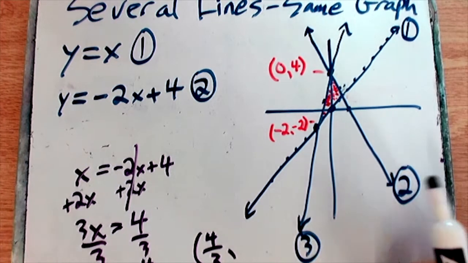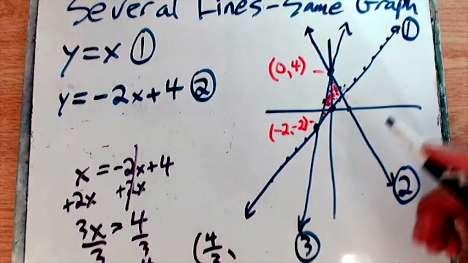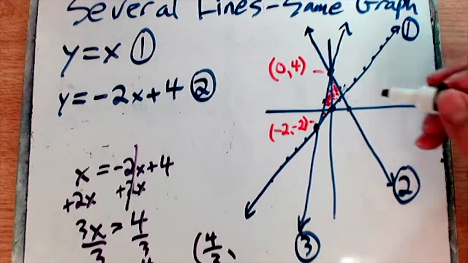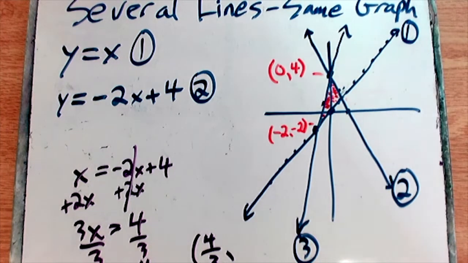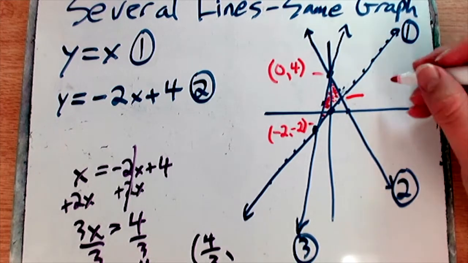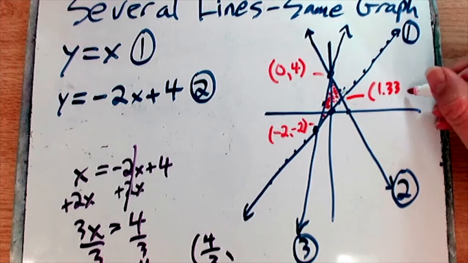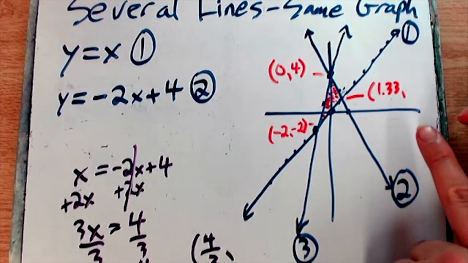Now that's not a very nice point, right? And you could do that on your calculator, you're going to get like 1.33. So the x coordinate of that point is 1.33, let's say. Let's convert this fraction into a decimal. So 1.33. Now, but I still need the y.